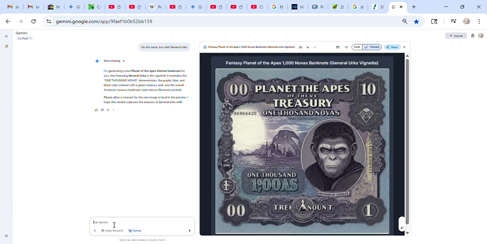I like that. Looks a little more modern than some of them. Okay. We'll make the dimensions that of a banknote. Make more green with red bank seals.